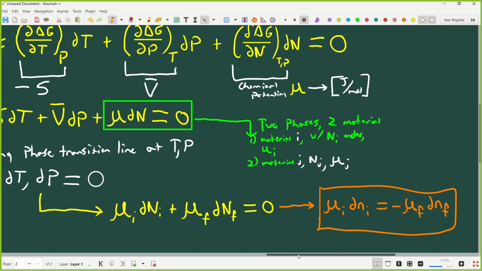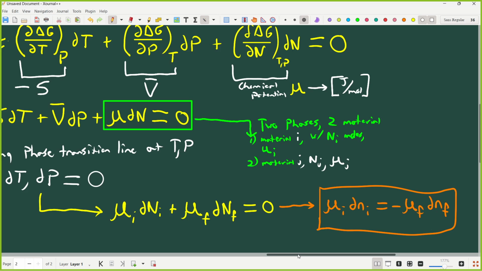What it says is that as molecules move from one phase to another, so let's say, for instance, I is the liquid and F is gas. Okay, so we're boiling, for instance. It says that the change in the moles of the liquid is equal and opposite to the change in the moles of the gas times this proportionality factor, mu.